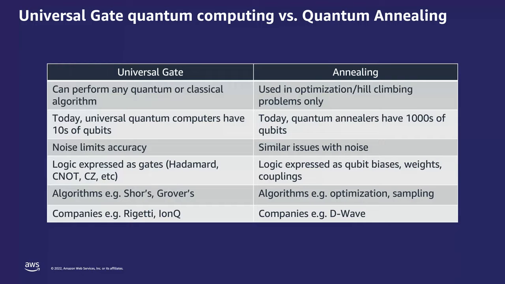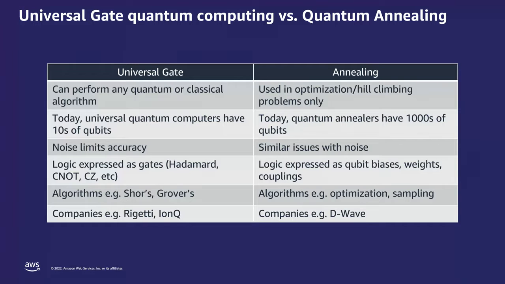Okay, so you describe qubit biases, the weights and the coupling strengths between those qubits and how they're laid out. And you perform what's called a graph embedding in order to express your problem in a format that the annealer can handle and understand.